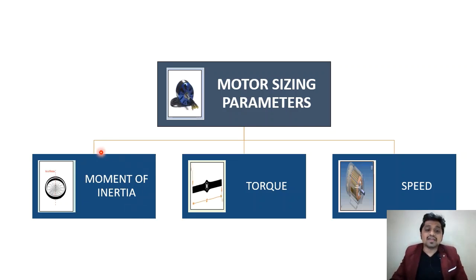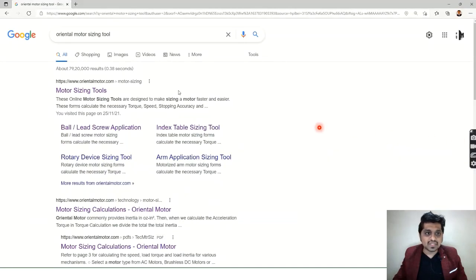Now how can we calculate all these three parameters for our application, so that is the question. If you go for hand calculations, it can take a lot of time. So let's see the tool which is readily available. Just go to the Oriental Motor sizing tool, type that, and you can see here the motor sizing calculations at orientalmotor.com.